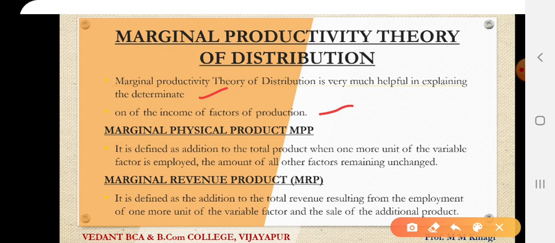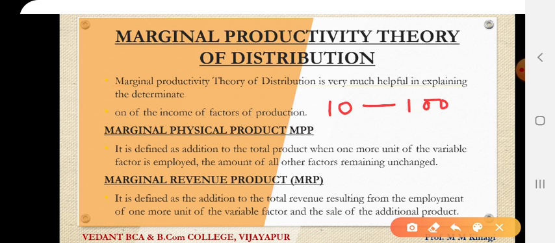So to understand this, we are going to divide it into two terms, that is the marginal physical product and the marginal revenue product. I'll just give a small example here. You know that, for example, with 10 laborers we are manufacturing maybe 100 output.